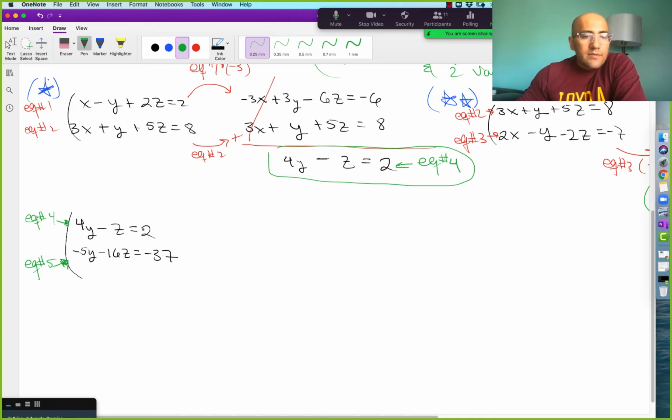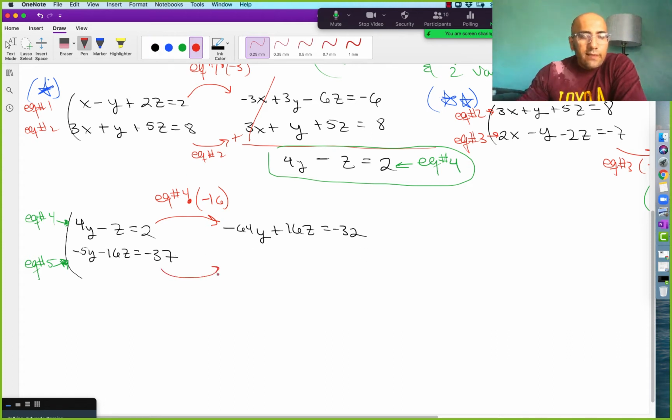Well, it's going to have to be the opposite sign. So let's multiply equation number 4 by negative 16. That way we get positive 16 there, and then the z's will cancel out. And so I'll get negative 64y plus 16z equals negative 32.